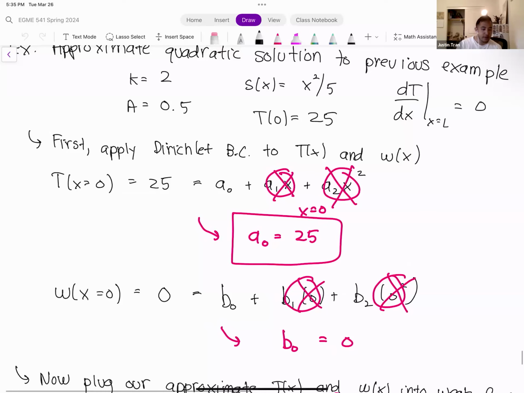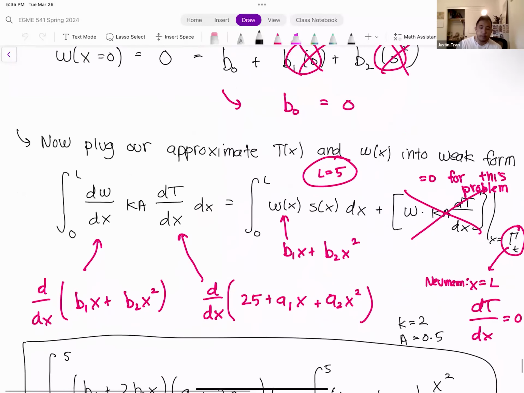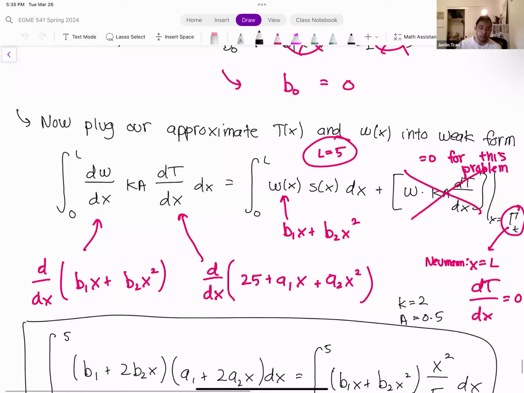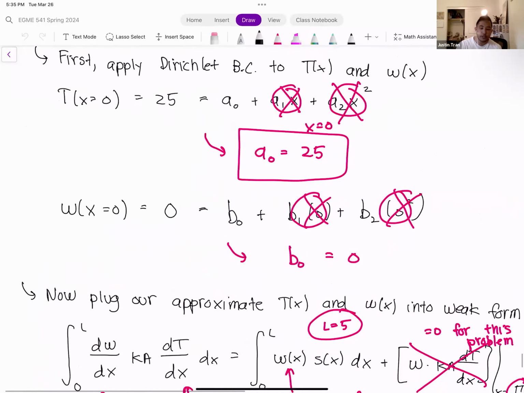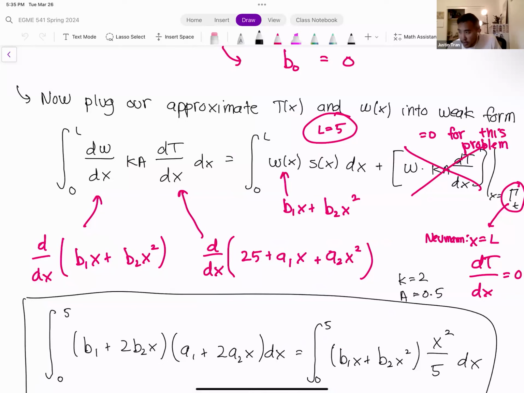What we did from there is we applied our Dirichlet boundary condition, our fixed temperature at x equal to 0, and we found that a0 is equal to 25 and b0 is equal to 0. Then we were in the middle of plugging into our weak form equation.